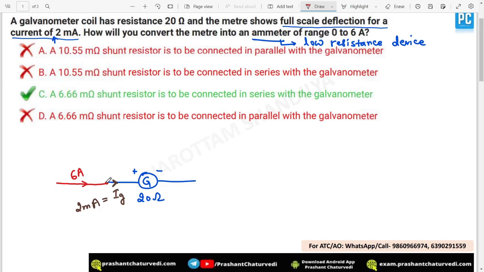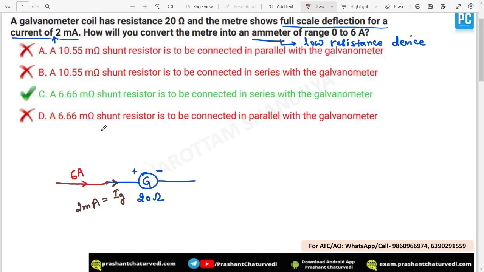Because we have to connect a shunt resistor, to define its position we will think about where exactly we should place it: in series with the galvanometer or in parallel with the galvanometer. Then I come to know that in series the current actually remains the same.